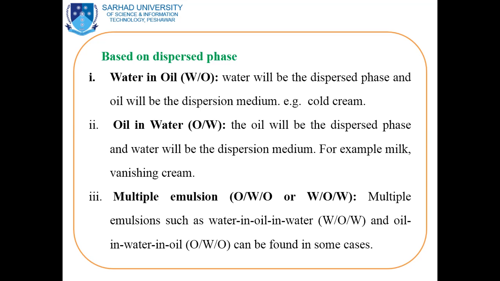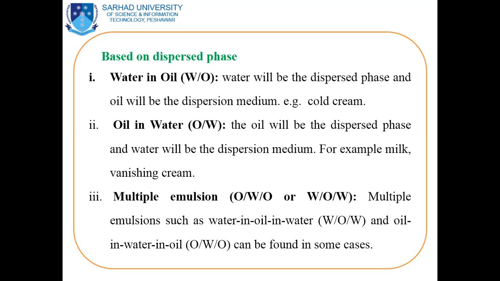If the dispersed droplet or globule is water, then it is termed as water and oil type of emulsion. In water and oil type of emulsion, water droplets are distributed in the oily phase. The example of water and oil type of emulsion is cold cream. The external phase in the cold cream is oil. Oil is the external phase, water is the internal phase.